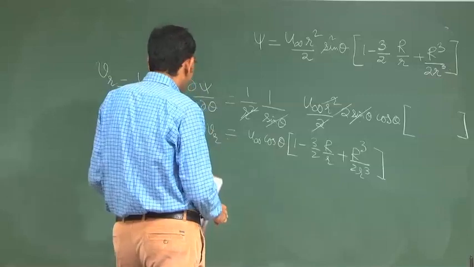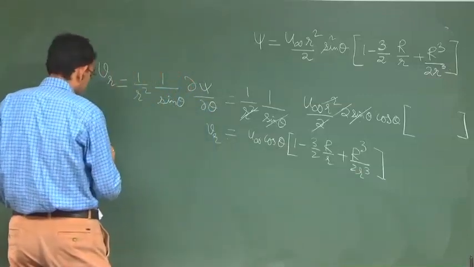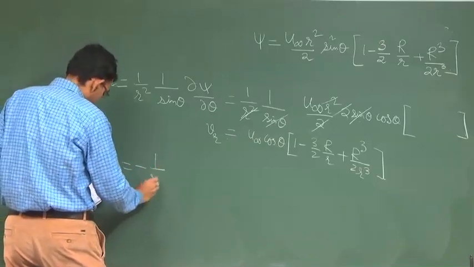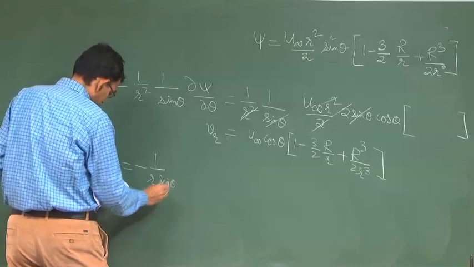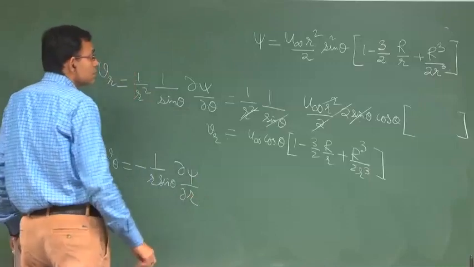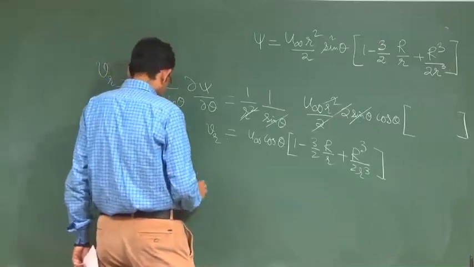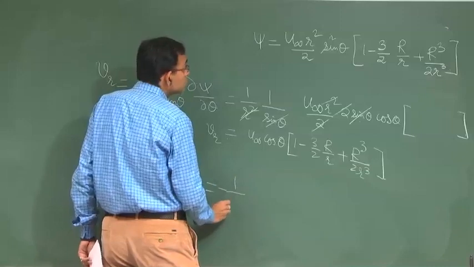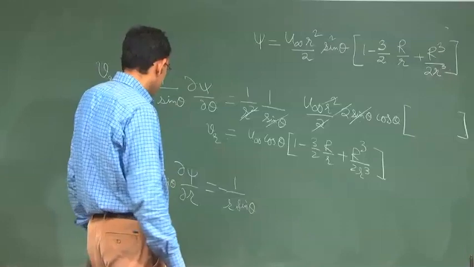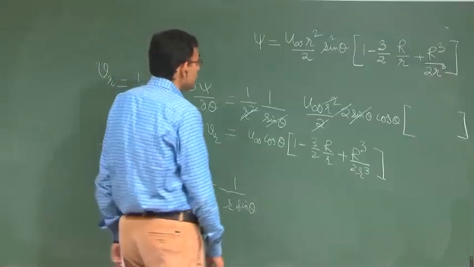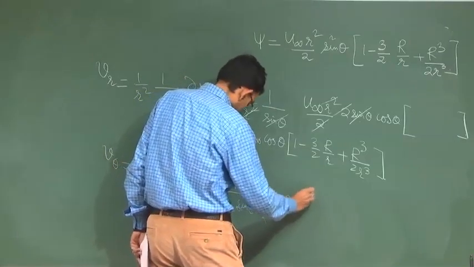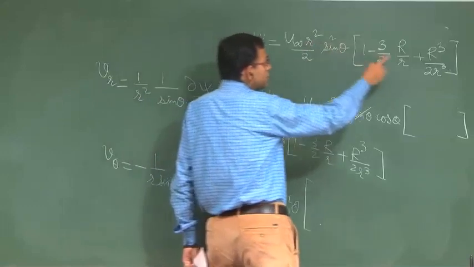Similarly, you have an expression for V theta. Minus 1 by r sin theta, derivative of this function with respect to r.